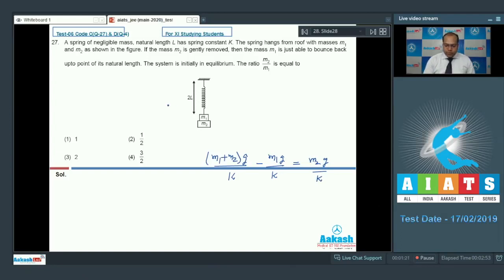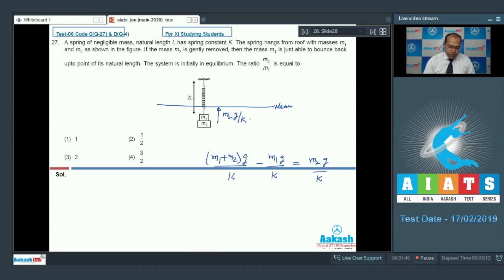It means, suppose if this is the mean position or equilibrium position, then when M2 is removed, the block moves to this position, and this will be M2G by K. But the block stops at the natural position of the spring.